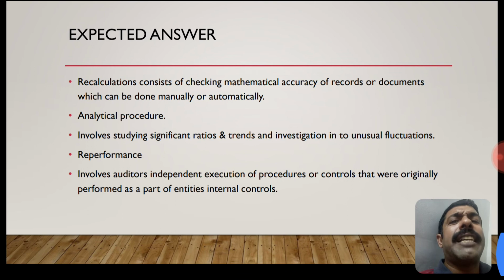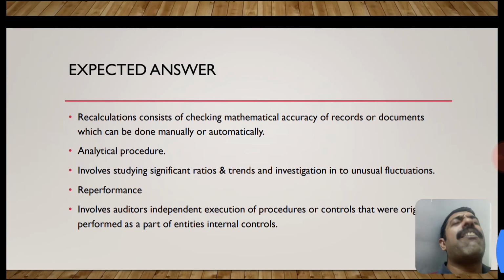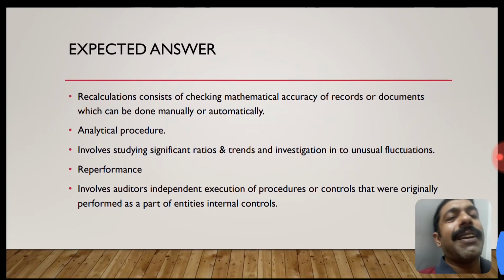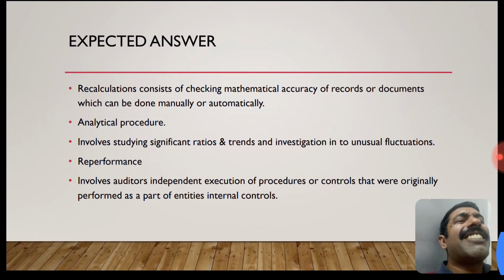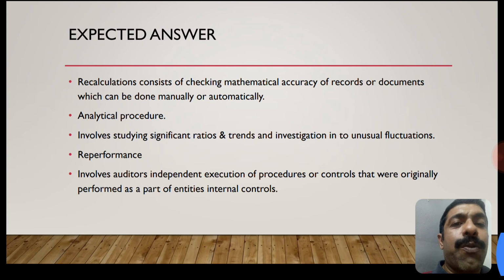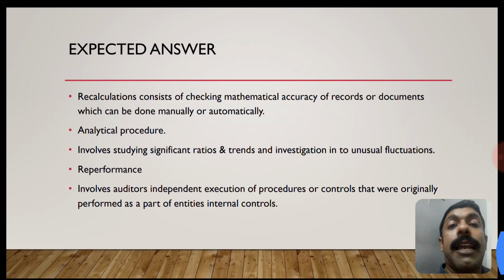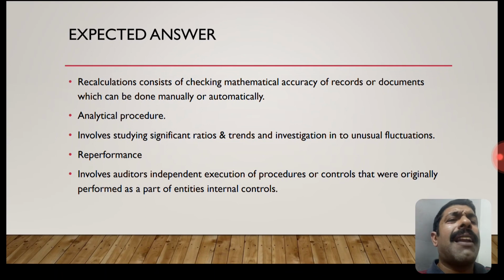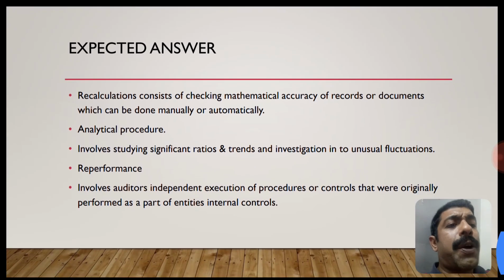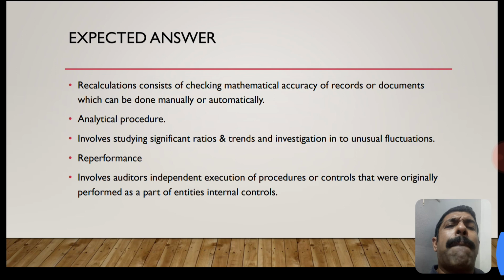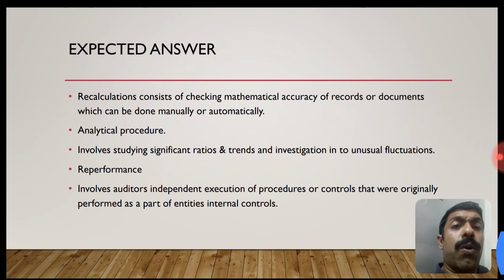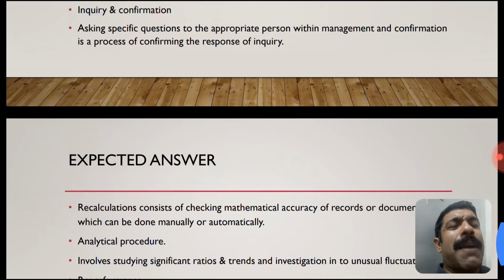Analytical procedure involves studying significant ratios and trends, analyzing the relationship between ratios and trends, and investigating unusual fluctuations obtained in analytical procedure. Re-performance involves the auditor's independent execution of procedures or controls that were originally performed as a part of the entity's internal control. So these are the expected answers.